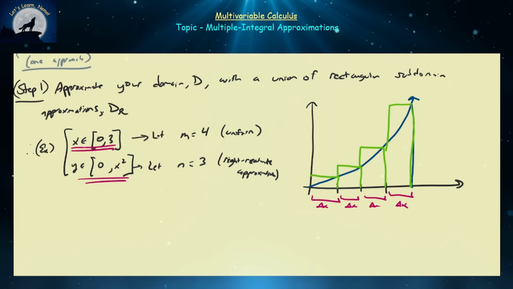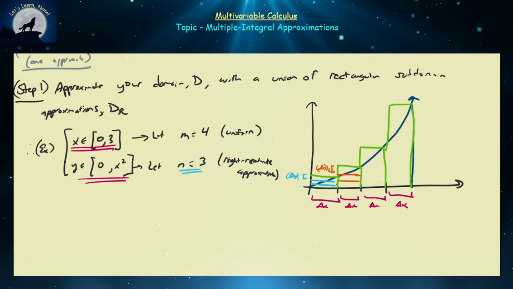So if we focus on our first rectangle, we're going to approximate it with 3 subrectangles, so 1, 2, and 3. This little piece right here, that's delta y 1, let's say. And if we look at the next rectangle, we're going to have 1, 2, and 3. This little piece here is going to be delta y 2.